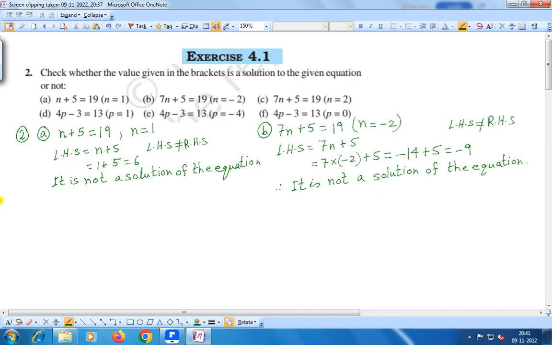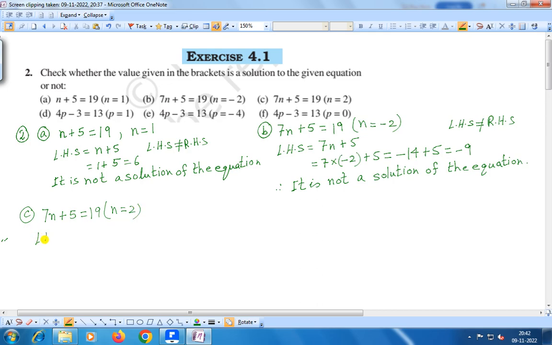Now, question number 2c. Question number C is 7n plus 5 is equal to 19, and the value of n is equal to 2.